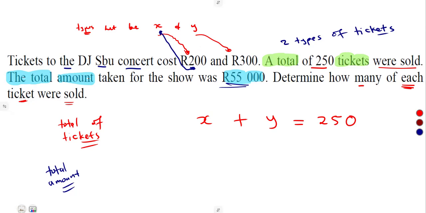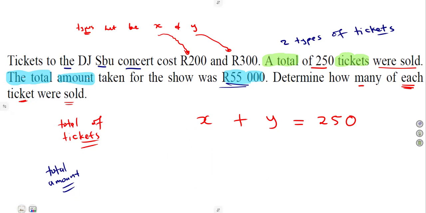So in this case, we are simply saying these 200 times X will give us the total. Remember X, that type, how many are they? We do not know. So if we take that X, multiply to 200, it is now the total. 200 times, how many X do we have? Maybe X is equal to 5 or X is equal to 7. We have a total amount.